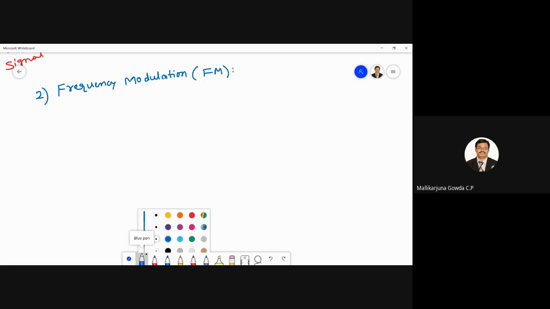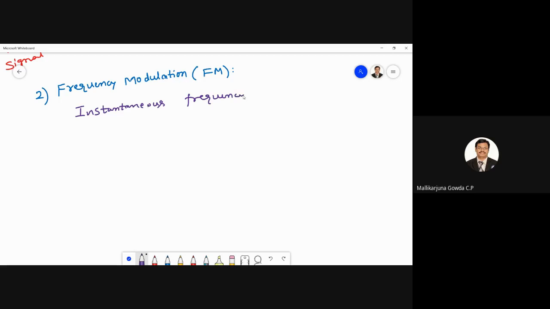The instantaneous frequency of the carrier is modulated by the message signal.